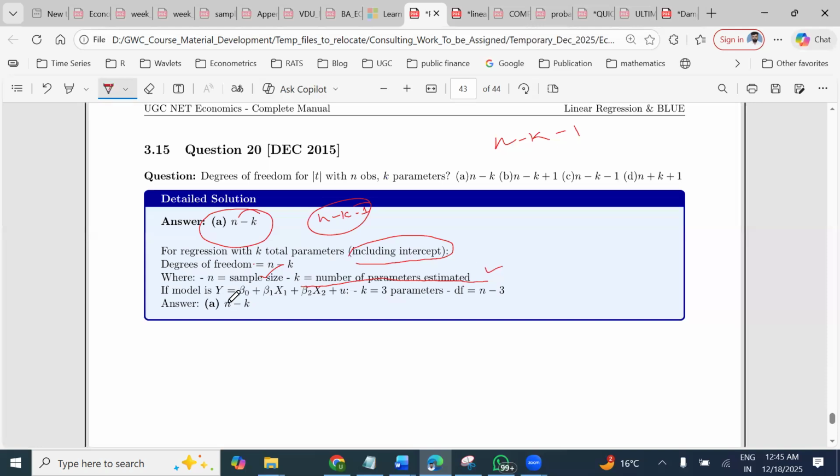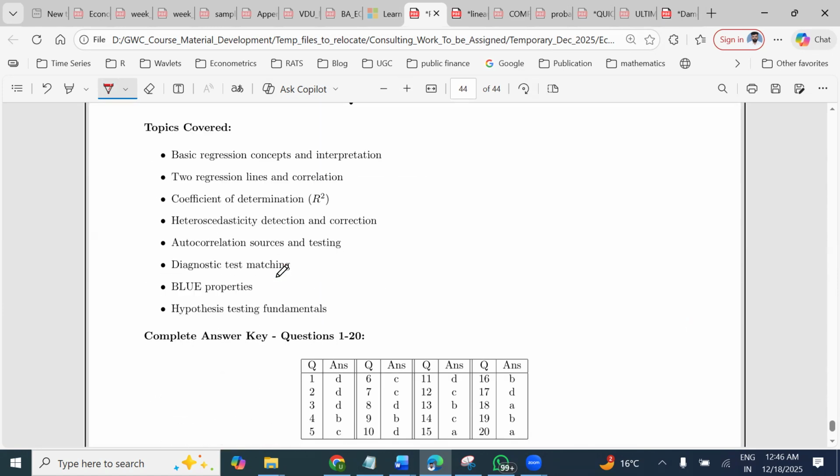So if a model is this, k is 3 parameters. Clearly it is written over here. Then the degrees of freedom will be n minus 3. Clear? Why is it 3? Beta 1 is one parameter, beta 2 is one parameter, beta naught is also one parameter. So the answer will be n minus k. So sometimes you have to see that the answer key was also debated.